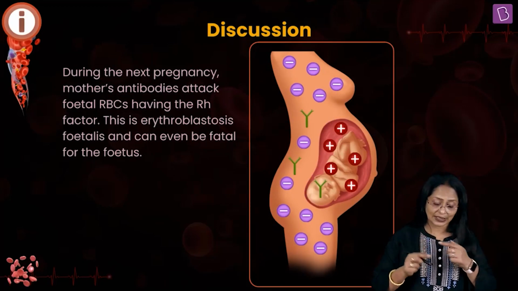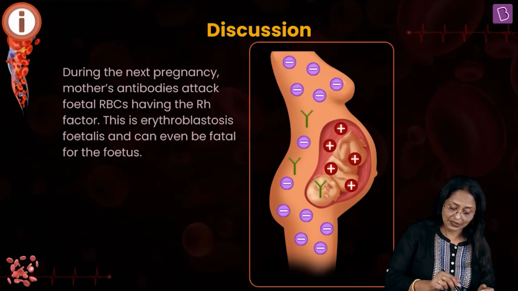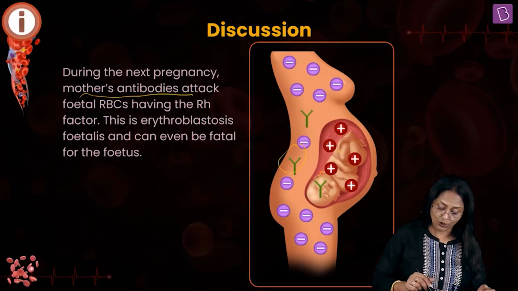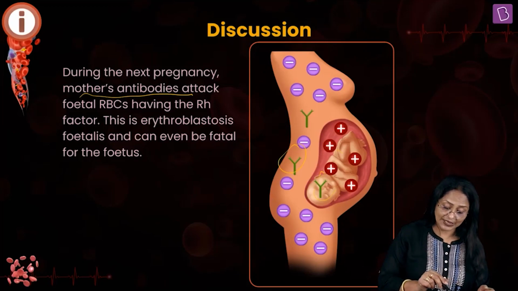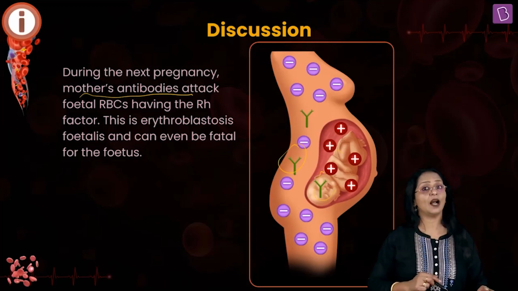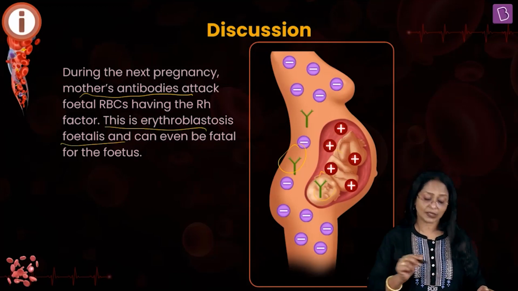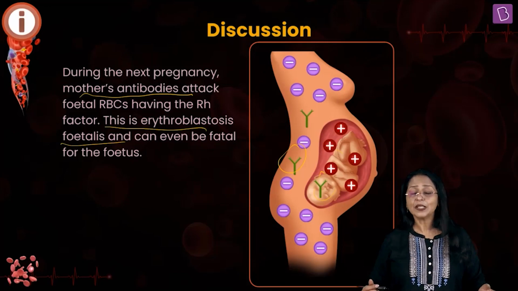Along with the blood that is carrying nutrients to the baby, the antibodies will attack the fetal Rh positive cells. Which antibodies? The ones formed in response to the Rh factors that are now in the mother's blood. These antibodies attack the fetal RBC and lead to the condition called erythroblastosis fetalis, which can be fatal for the fetus. It is fatal.